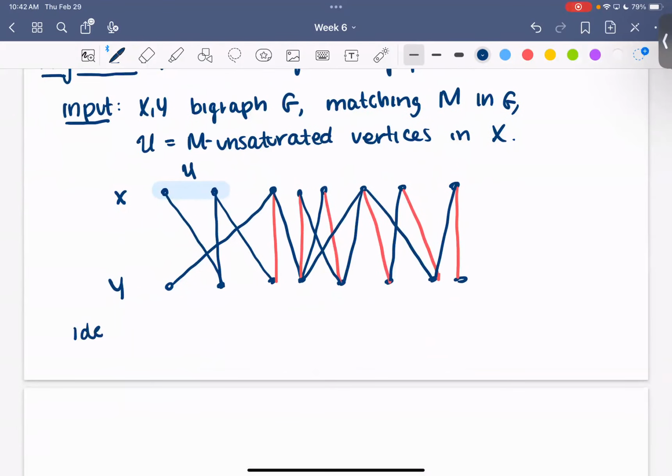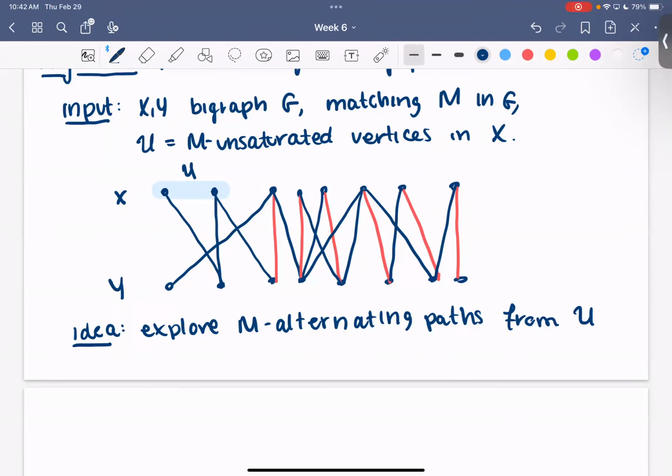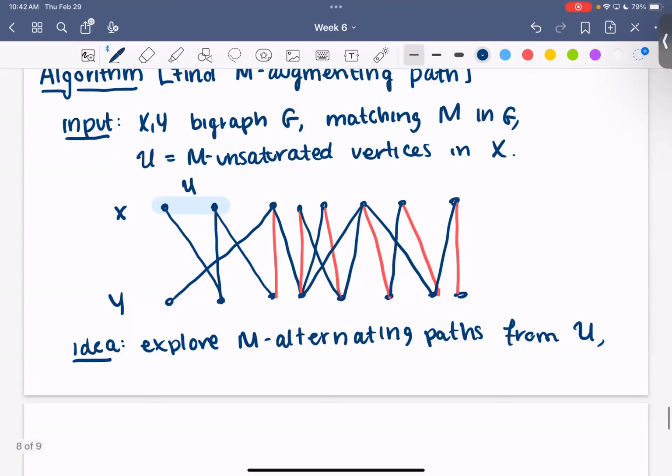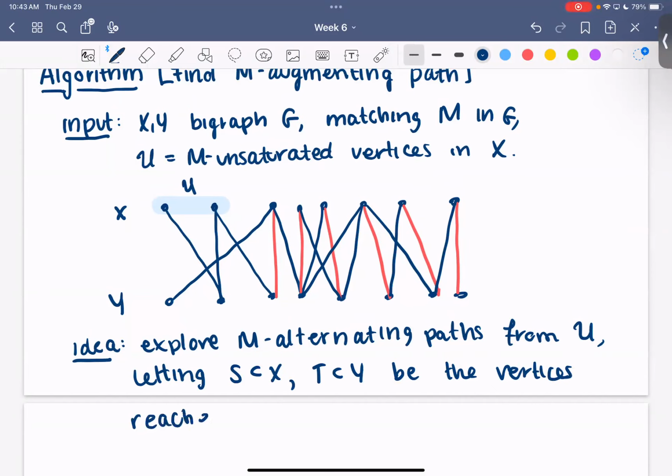So the idea, we'll explore M alternating paths from U, and we'll let S, which is a subset of X, be the vertices, and we'll also let T, a subset of Y, be the vertices reached by M alternating paths.